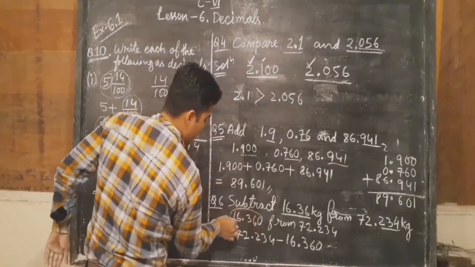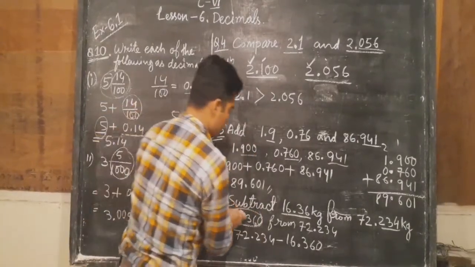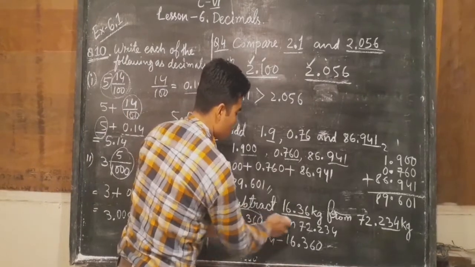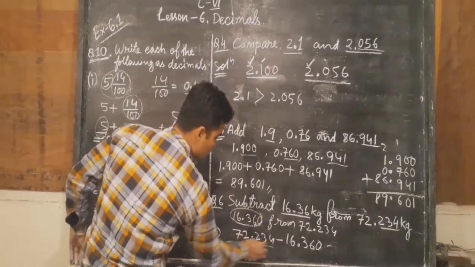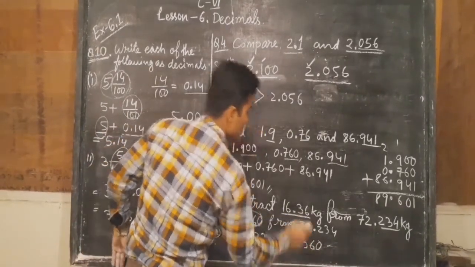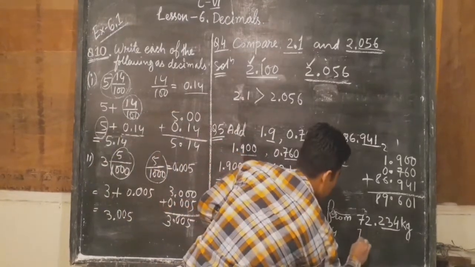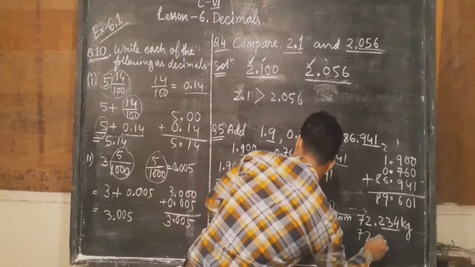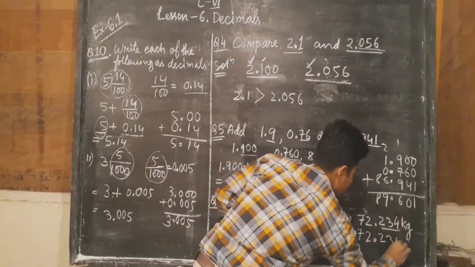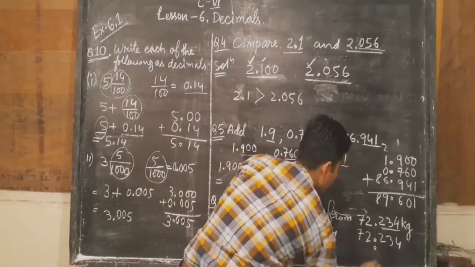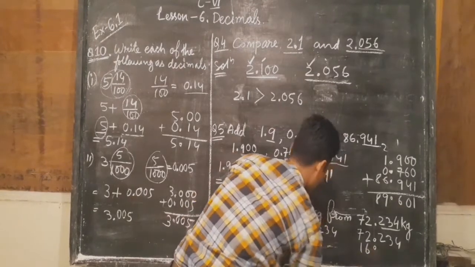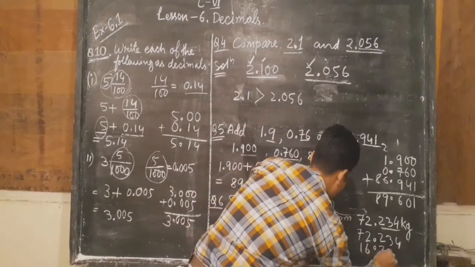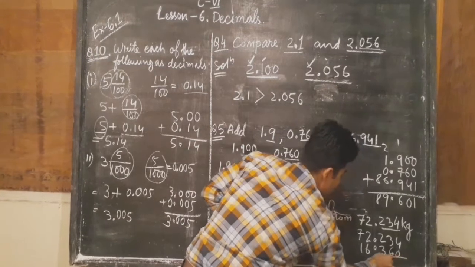You can see, I have to subtract this decimal number from this number. So to subtract this, we will arrange as it is. 234, then place the decimal point, then the whole number part, and then the decimal part, like this.